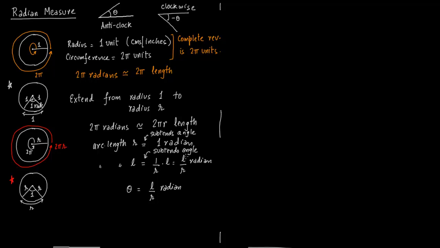Now let us do some examples and that will help us clear things out. Here we are going to talk about radians and degrees. If you go once around the circle, you say it is 360 degrees. And we have already seen that if you go once around the circle, you also subtend 2 pi radians. So 2 pi radians is equal to 360 degrees, and we want to make this bridge more clear.